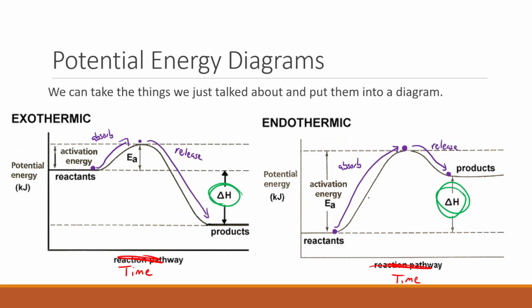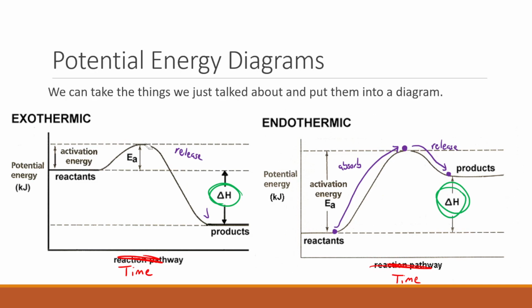We push all the way up the hill, and as we go down the hill, that's the release of energy. An endothermic reaction absorbs more than it releases. An endothermic reaction is all about taking in energy. Right, so that's activation energy.